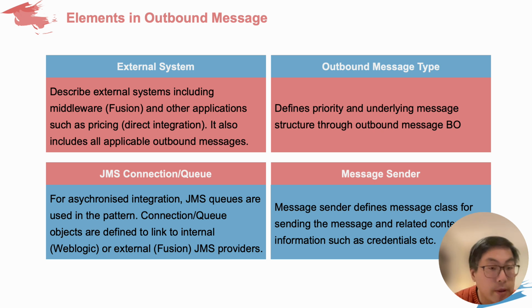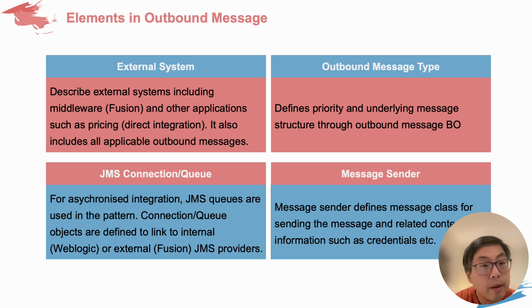So if it's asynchronized, you also have to define the JMS connection queue. Remember, we said that JMS normally is outside of the framework, so it will be something you have to define on the Fusion layer or the middleware layer where the Fusion will pick up from.